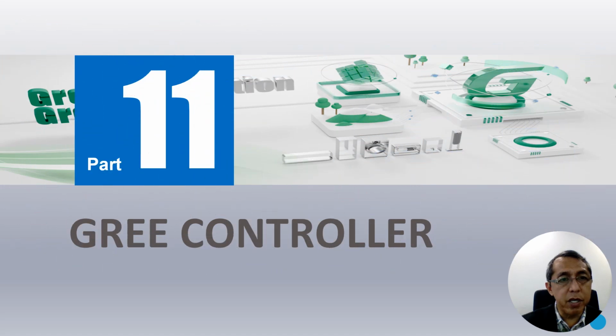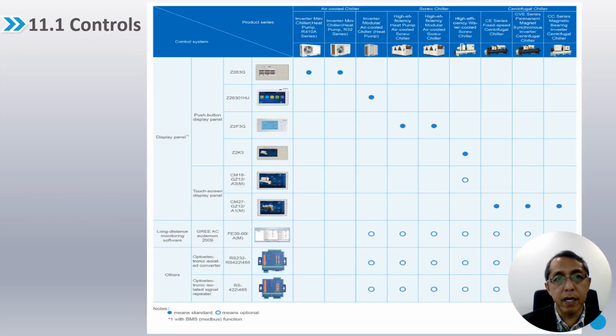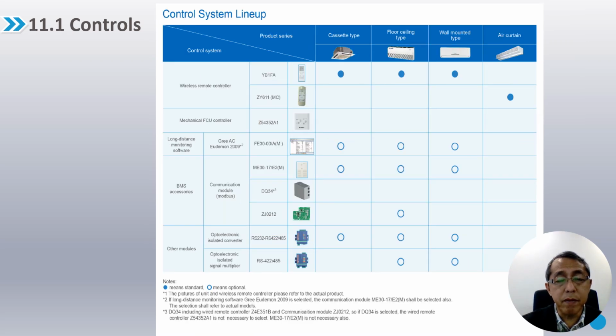For the GRI controller, which is the last one, there is a matching controller for each different type of AC configuration, from chiller, water-cooled chiller to air-cooled chiller to inverter modular air-cooled chiller to inverter mini chiller and heat pump.